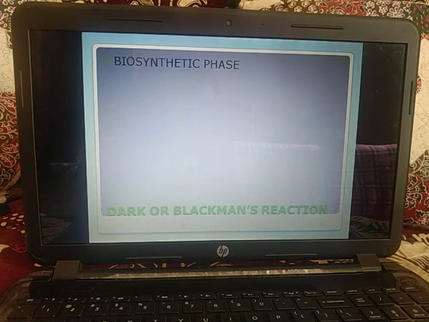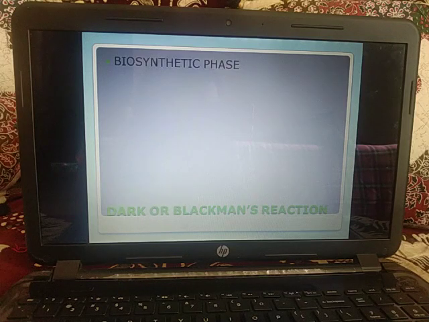All the enzymes required for the process are present in the matrix or stroma of the chloroplast. There are two main pathways for the biosynthetic or dark phase, that is the Calvin cycle and the C4 dicarboxylic acid cycle. A third pathway is CAM metabolism, which is intermediate between the two.